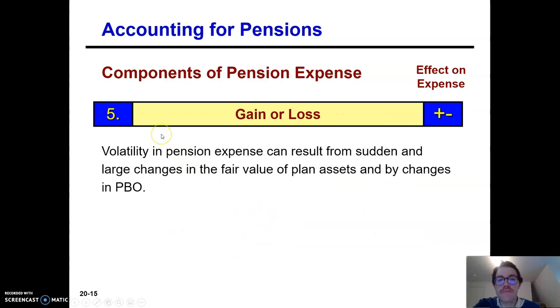Okay, we also have gains or losses. When you have large gains and losses in your pension, the fair value of your plan assets goes up or down by a lot. We don't expense it all at once. What we do, we stick it in other comprehensive income, and then we slowly amortize it.